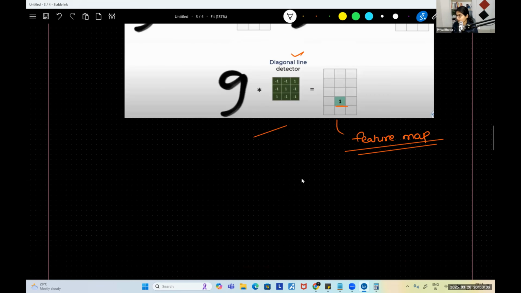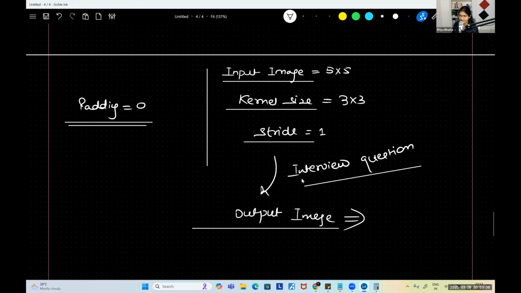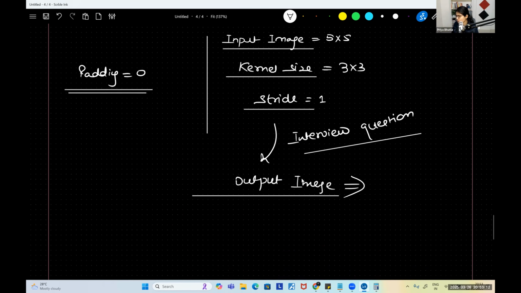That will take a lot of time and the interviewer won't wait that long. So there is a formula to evaluate this, and you always have to remember it.